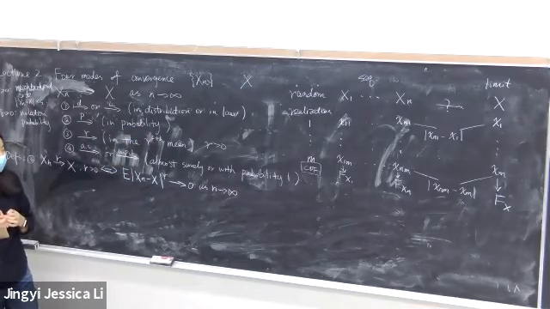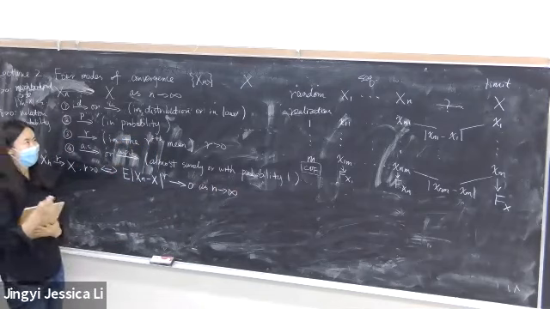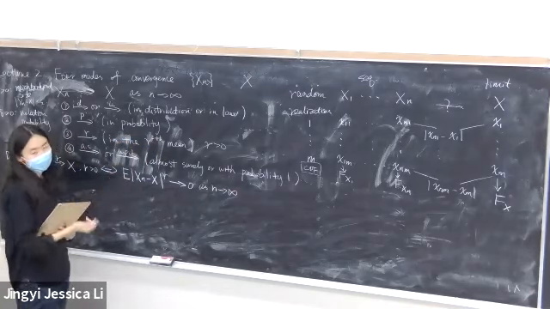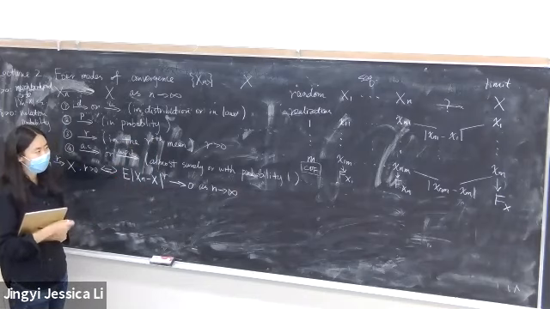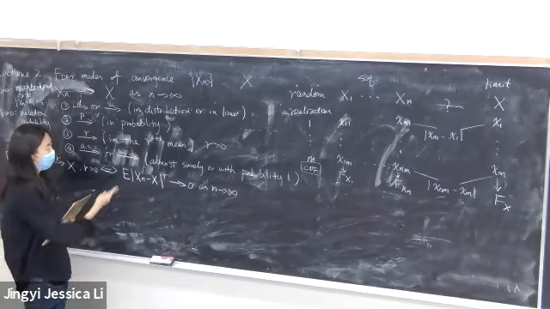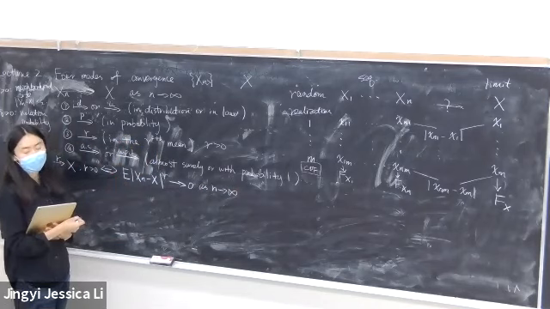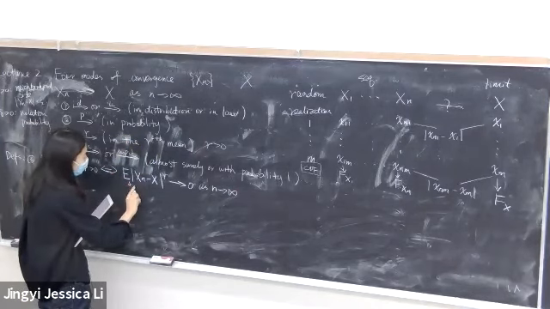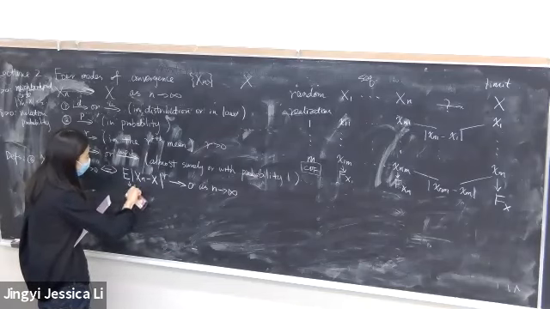Also, something I said last time: when we talk about expectation, you should always keep in mind what distribution the expectation is taken over. And this is taken over the joint distribution of xn and x.